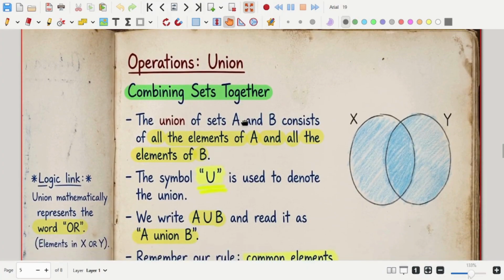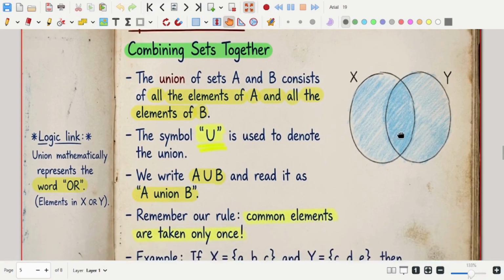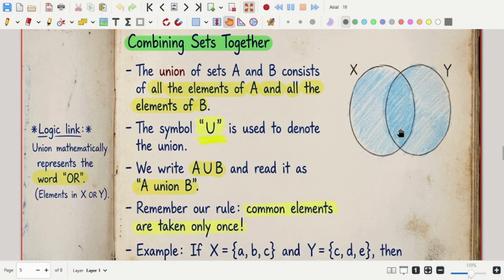So let us see some operations on sets. Union of set. Union of set A and B means include all elements of A and all elements of B. So union of X and Y means include all elements of X and all elements of Y. Note that these common elements are written only one time because sets do not repeat elements.